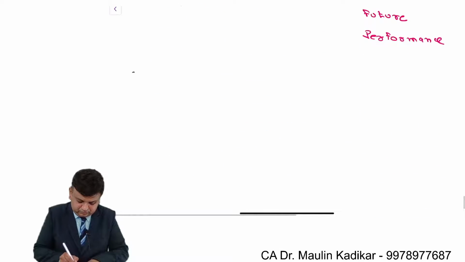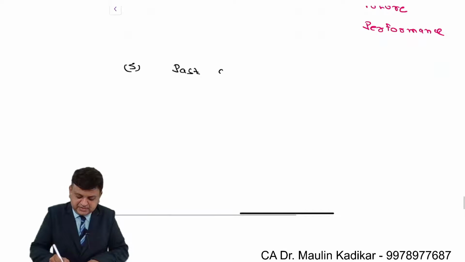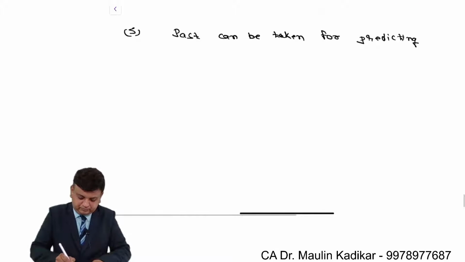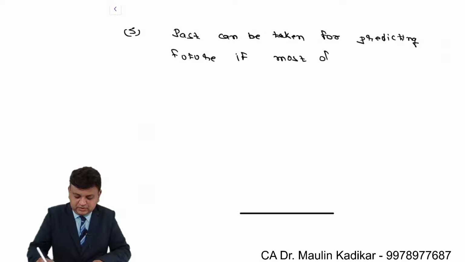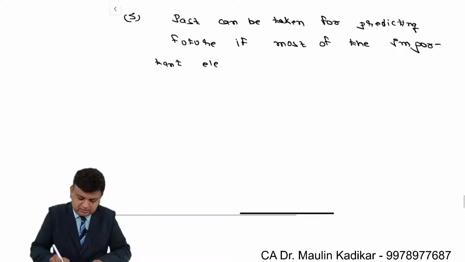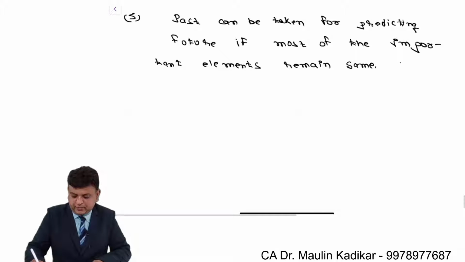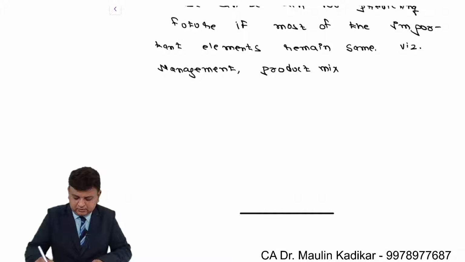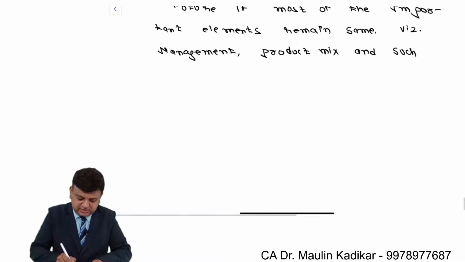Fifth, past can be taken for predicting future if most of the important elements remain same, namely management, product mix, and such other things.